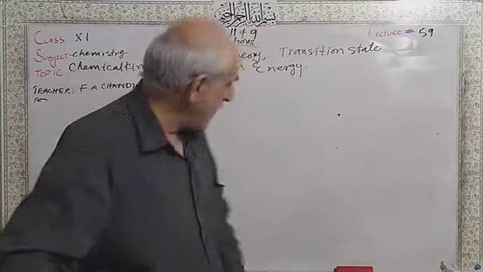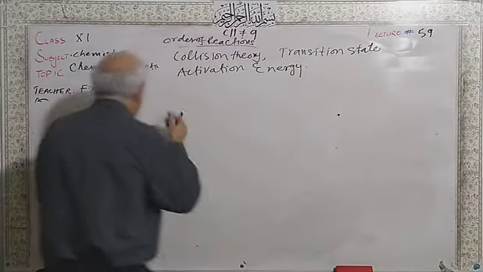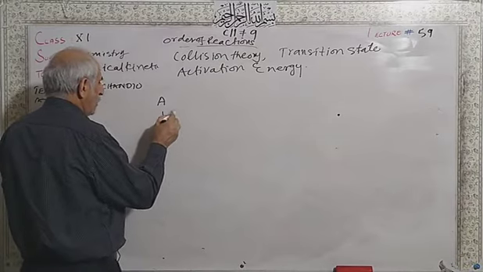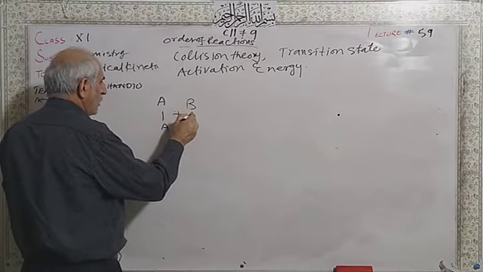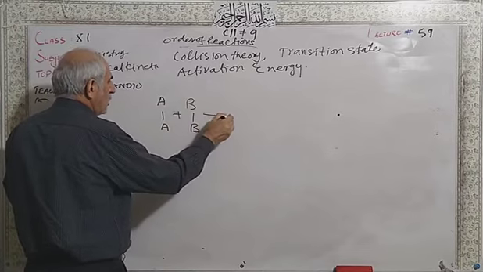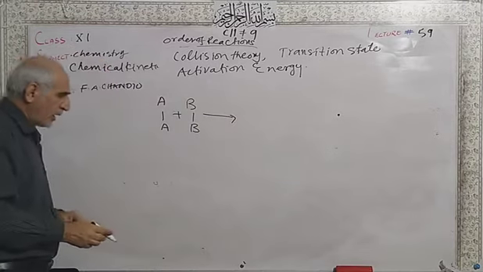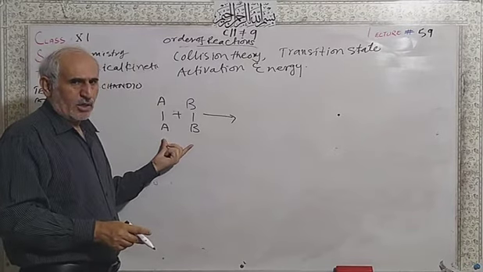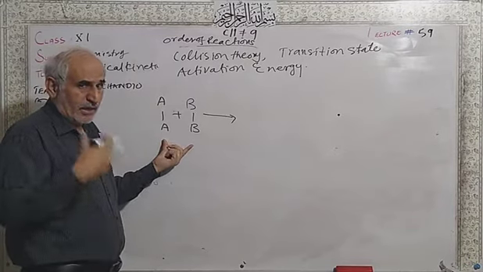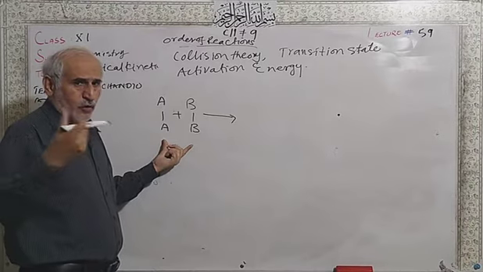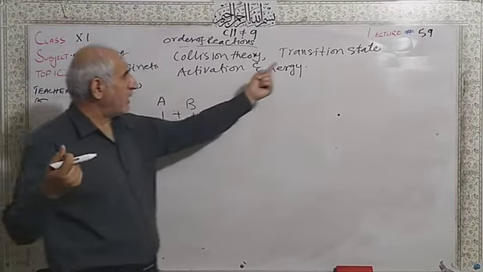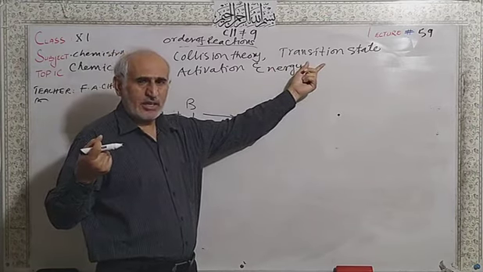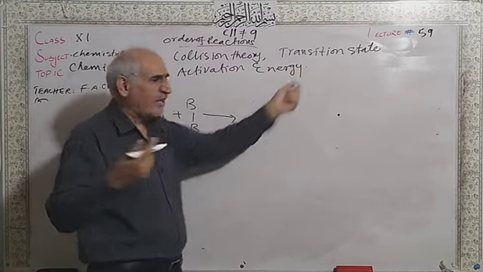So I am going to give these examples. Dear students, this is the A molecule and B molecule. They are going to react with each other. If there is enough activation energy, then there is a formation of product. But before the formation of product, there is an intermediate state, transition state, complex formation state.